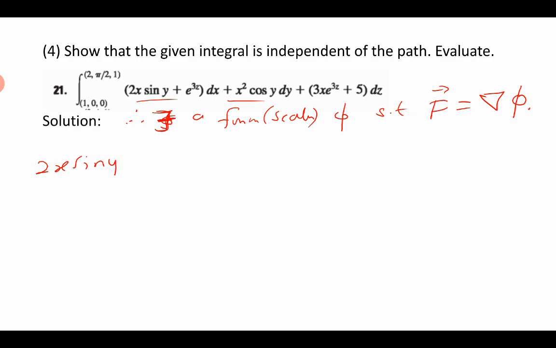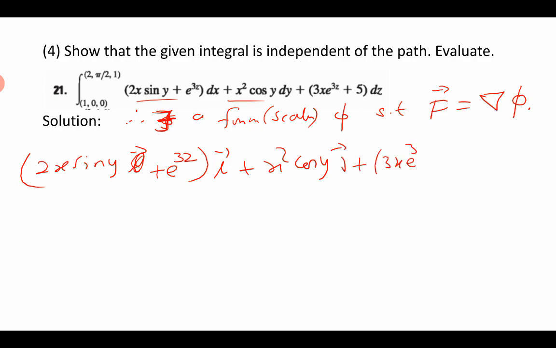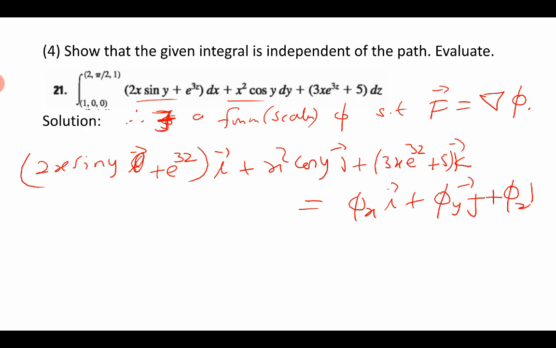F vector, that is (2x sin y plus e raised to 3z) i plus x square cosine y j plus (3x e power 3z plus 5) k is equal to phi x i, phi y j, phi z k. Clear? So phi x goes with this one, phi y is this one. Component wise, when 2 vectors are equal, component wise they are equal, isn't it?